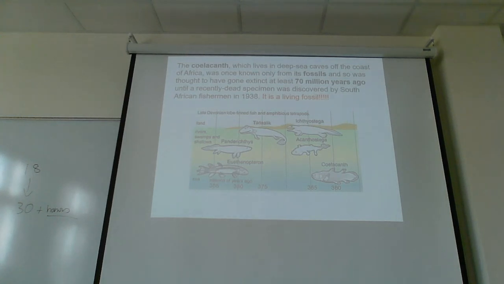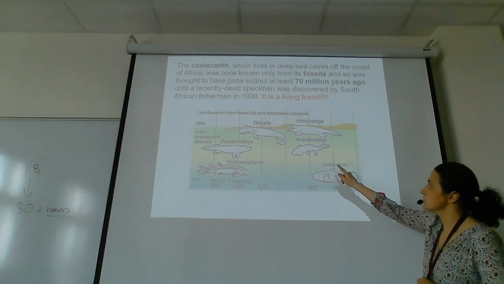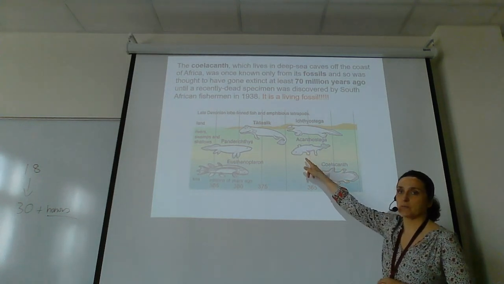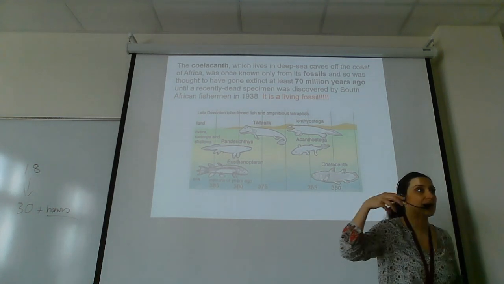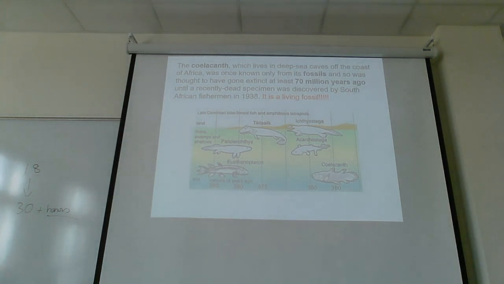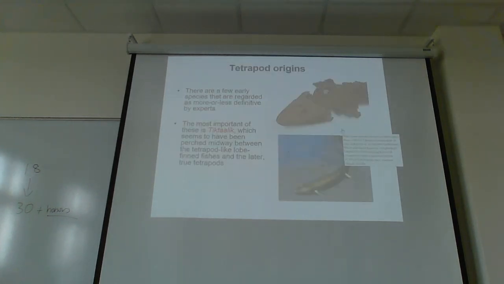Look at this one, Acanthostega, a very symbolic, emblematic fossil. Acanthostega means fish with legs, because this fish has already evolved limbs. It's still kind of a fish because it lives in water, but it breathes air, and the fins have already transformed pretty much into limbs. We know that from fossil evidence.